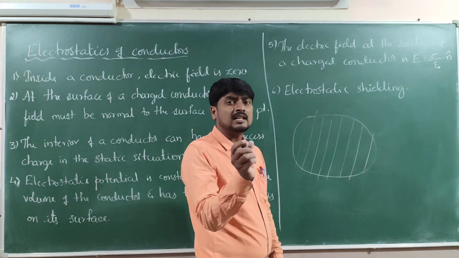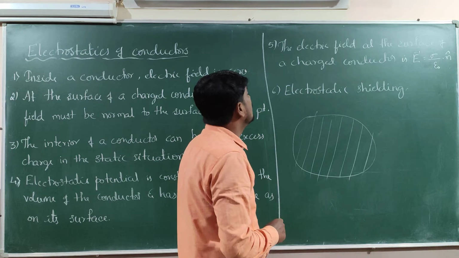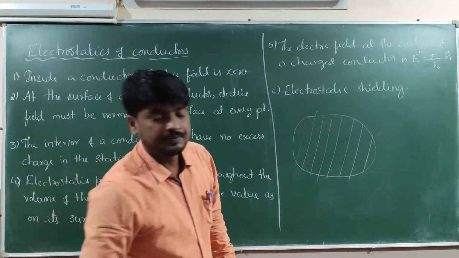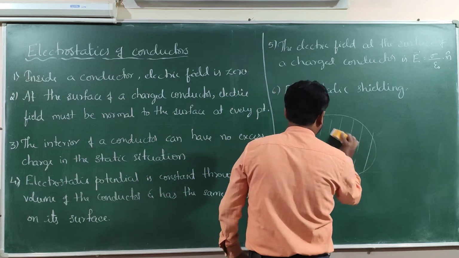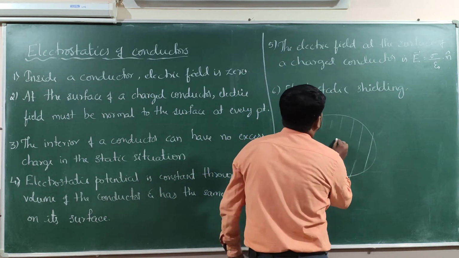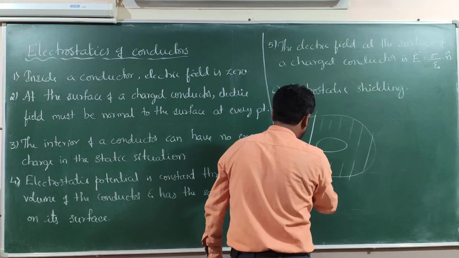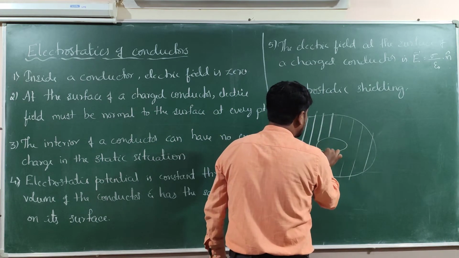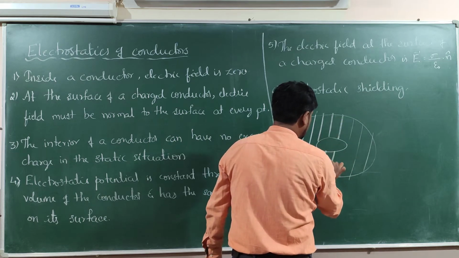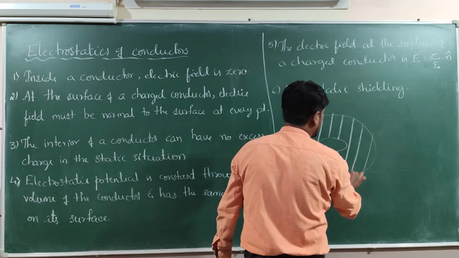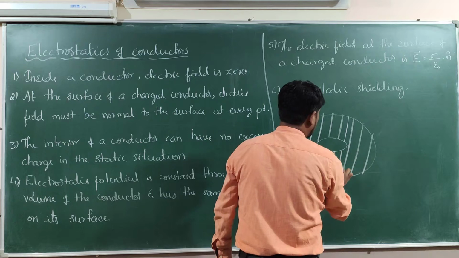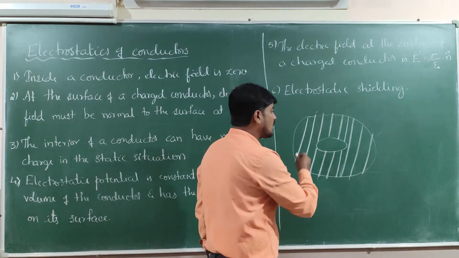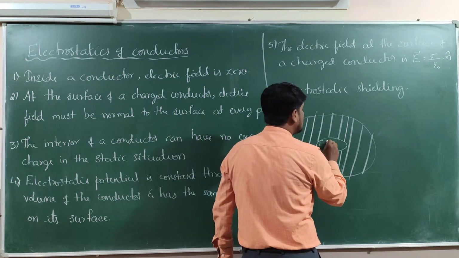I will select a certain region in this conductor. I will select this region. Look at this now. Electric field lines are passing but not crossing that area. In this region, electric field lines are not crossing. That means E is equal to 0.